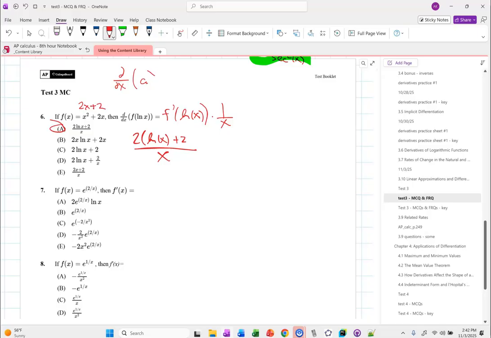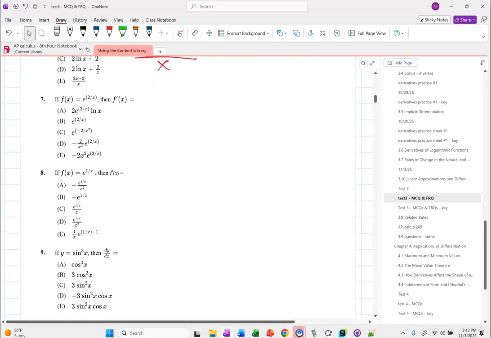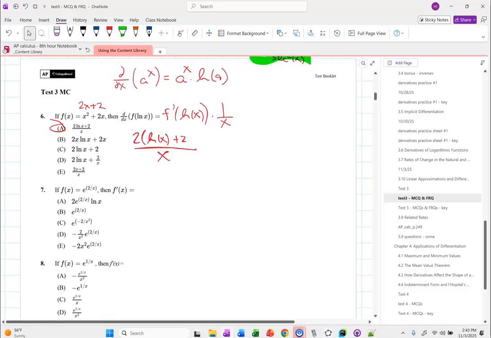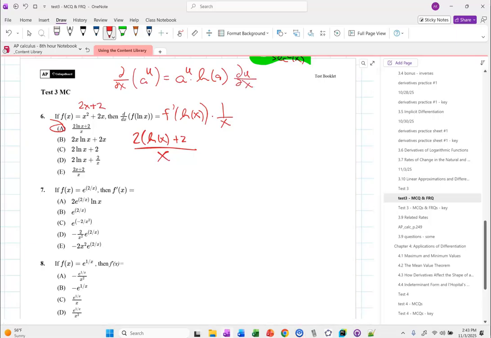Okay. That's the rule you're asking. That's the same thing for the chain rule, but it's just being applied to the next one. Now it's a chain rule.